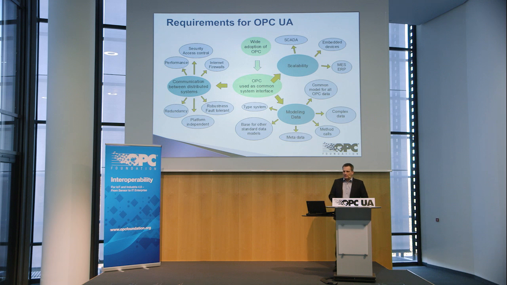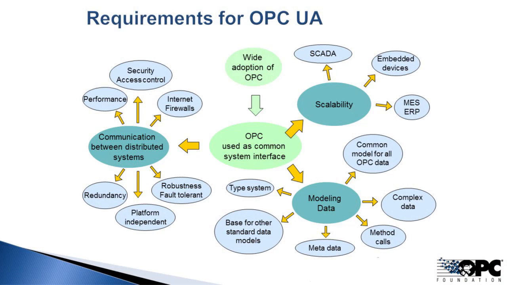I will come to that on later slides. We have complex data structures that we need to transfer, and to describe all the information, we need a metadata model. This metadata model is used to describe the semantics and all the relationships between the data inside this particular device. And with that concept, we describe all kinds of data.